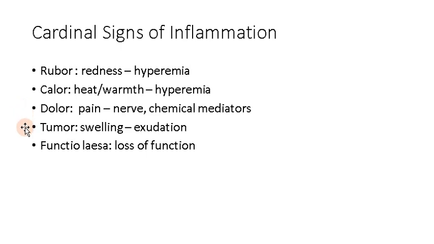Meron ding swelling or tumor, that's because of exudation. Exudation is yung fluid normally na nasa blood vessel, lumalabas and napupunta doon sa area na merong problema. So, for example, na-sting ka ng bee, lumalaki siya because pumupunta din doon yung fluids na normally andun lang sa blood vessels.